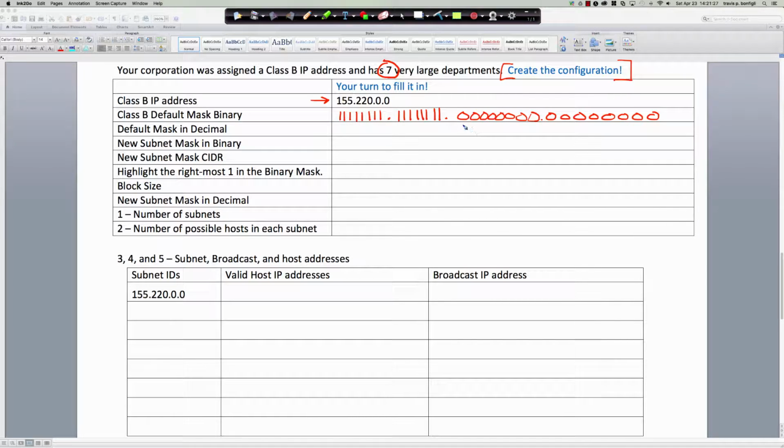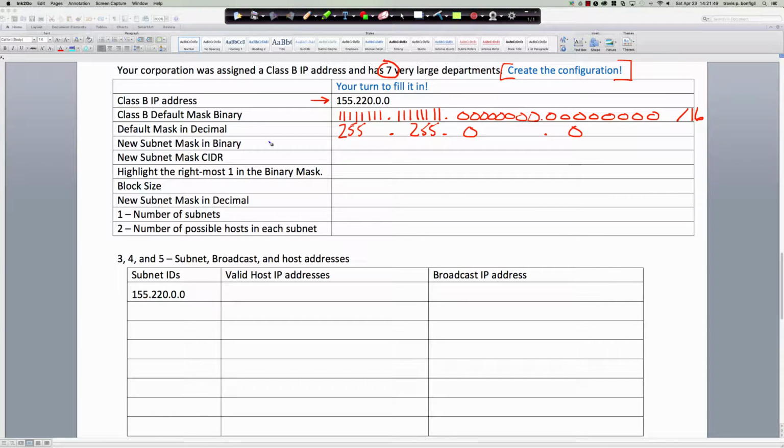So that is the binary representation of the /16, which is the default mask. So what's the default mask in dotted decimal? 255.255.0.0. And I've got the spacing here, just trying to line it up with what's above in binary.